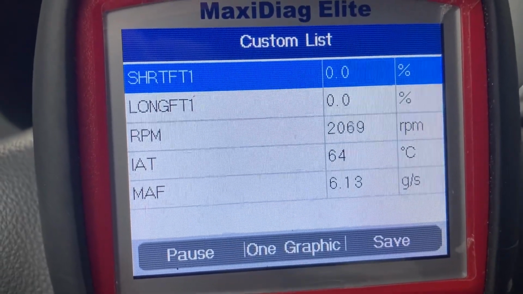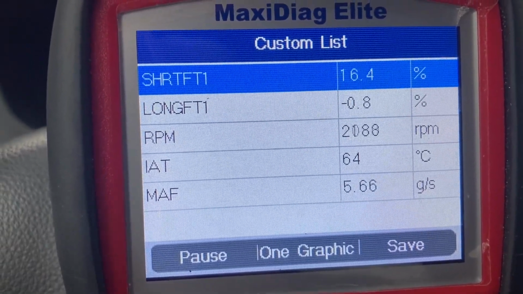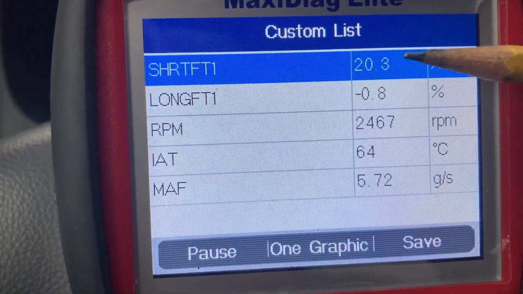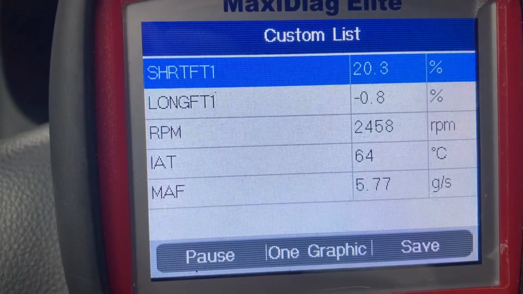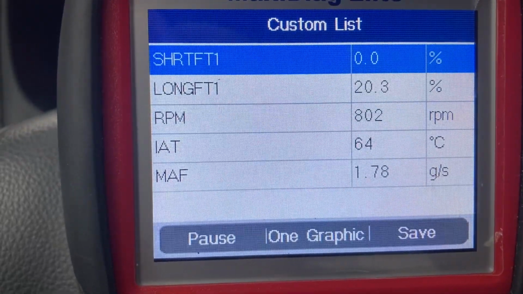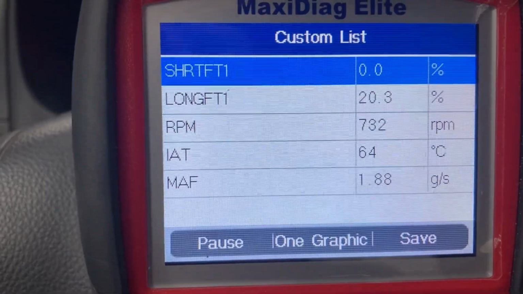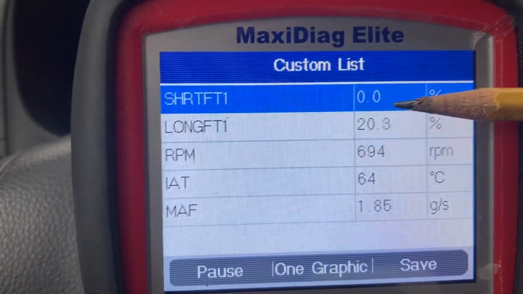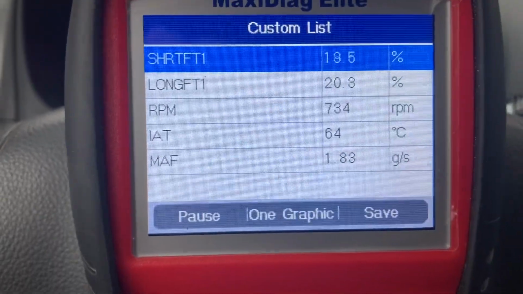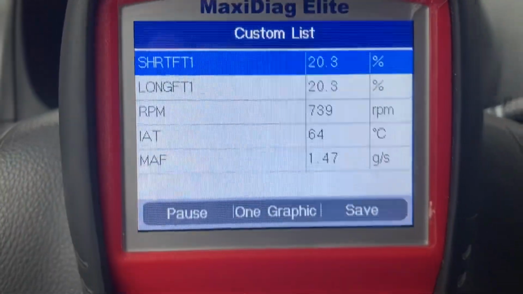I'll bring the RPM up. The long term goes down to 0, but the short term still stays high. I don't know. I'm not really sure. Anyway, I'm all ears if you guys have got any suggestions.